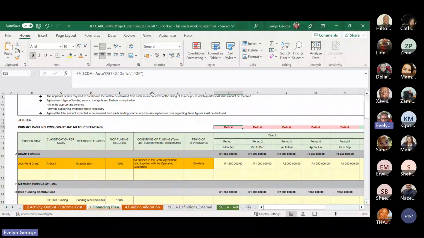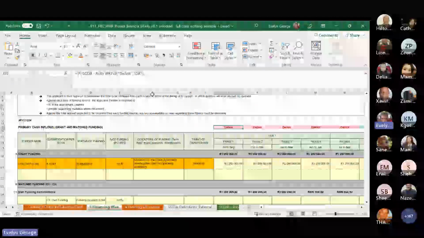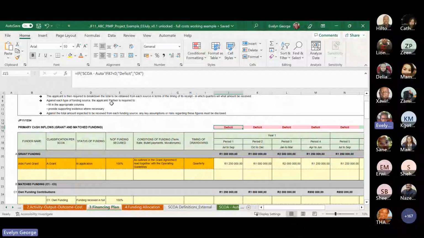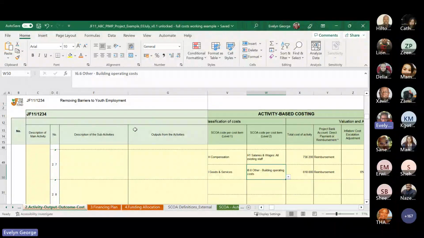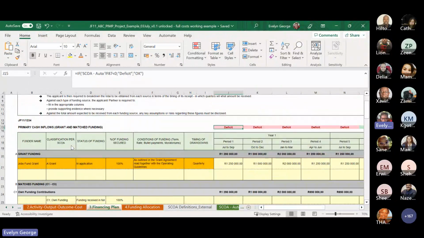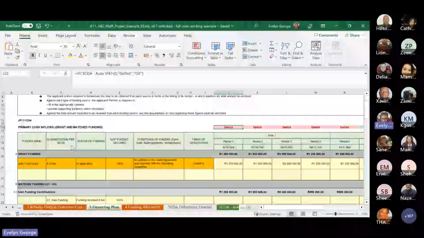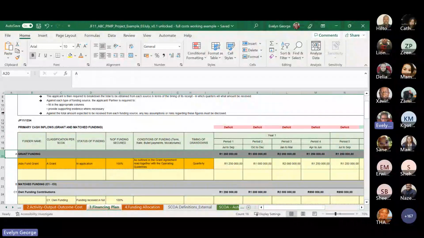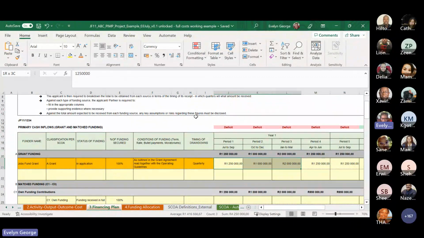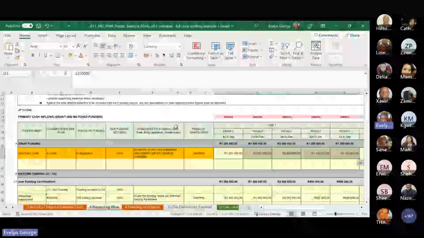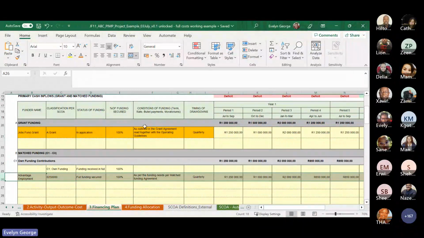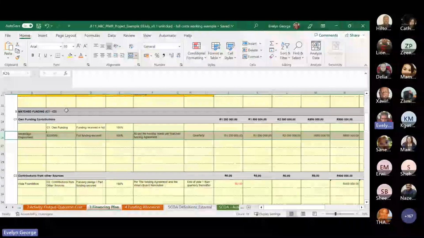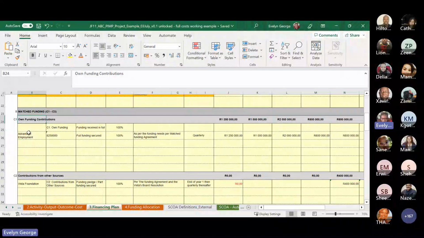You can see we have built some checks in it. It's telling us that there's a problem here. If we conceptualize the cost part as the outflows, the financing plan captures the inflows from the Jobs Fund, at the frequency and quantum that you require the grant, but that's obviously in relation to the match funding, at the frequency and quantum, whether it's own funding or other sources.